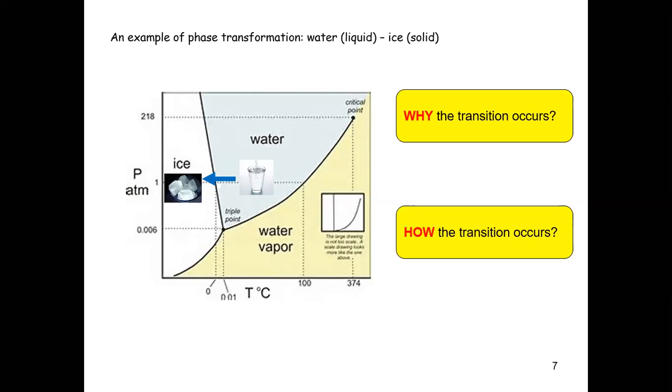We're going to start with the very straightforward water-ice example, and eventually we're going to study different types of phase transformations in alloys, but we're always asking why the transformation occurs and how it occurs. Because if we know why it occurs, we can induce proper conditions to make it occur. If we understand how it occurs, we can control the conditions and the transformation so that we can engineer the microstructure. Does this make sense?